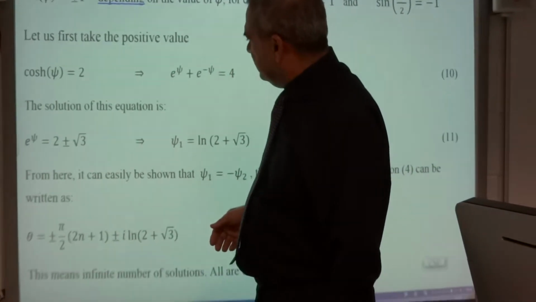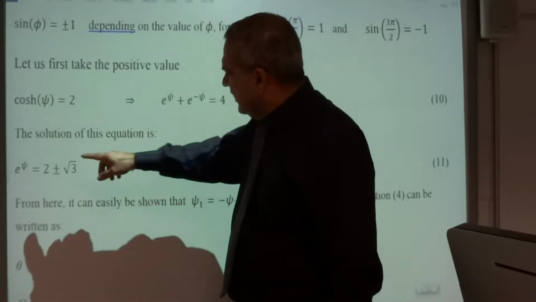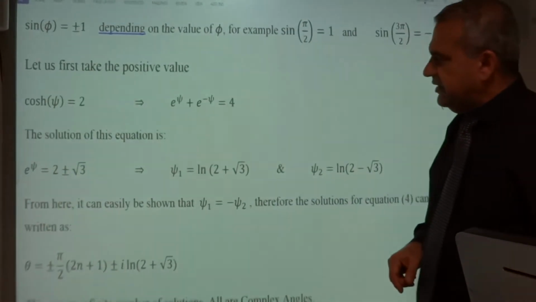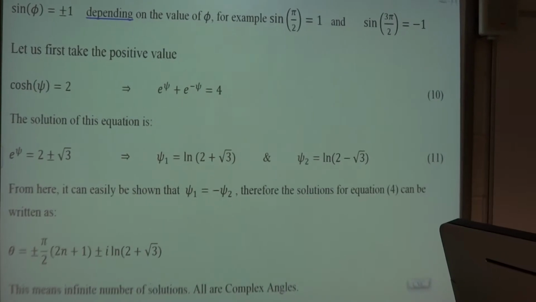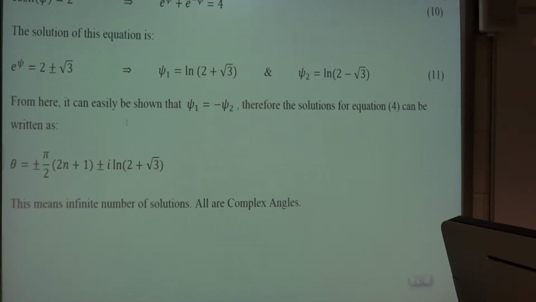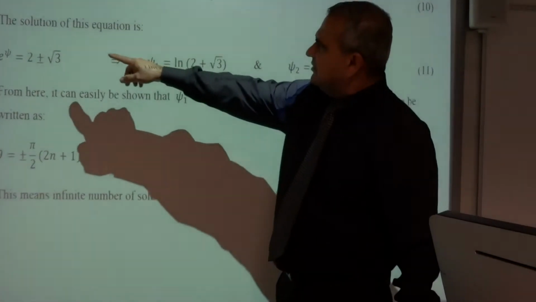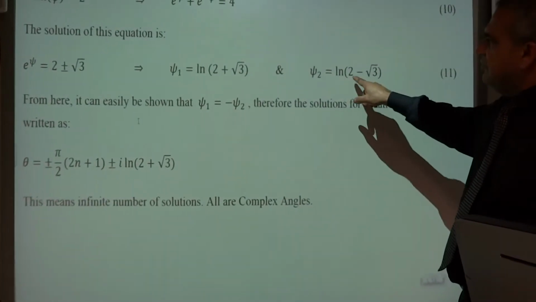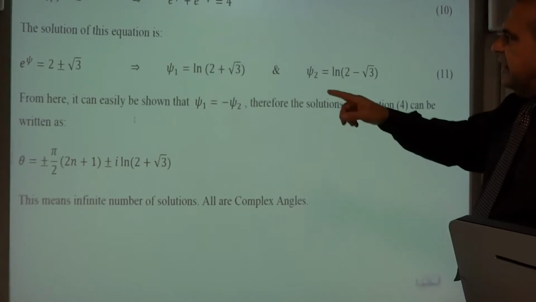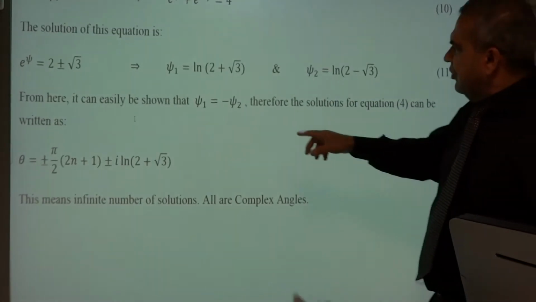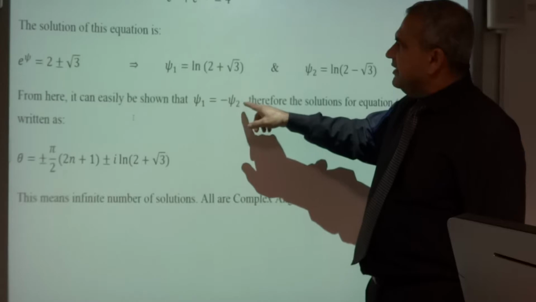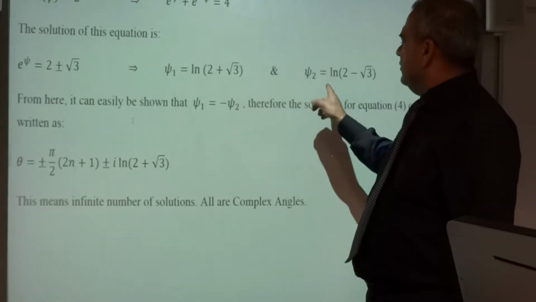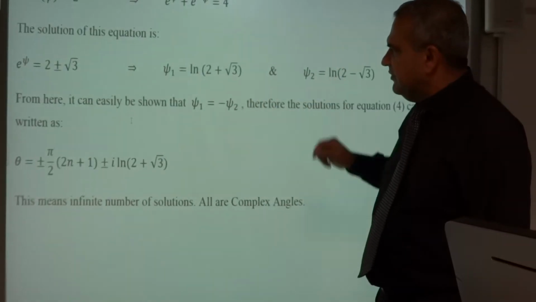You multiply both sides by e to the power psi, you get a quadratic, you apply the formula, and then you use the basics of logarithms to convert it into logarithms. So you have two solutions here. It can easily be shown that psi 1 is equal to minus psi 2, so one solution is equal to minus the other solution, which is fairly easy.